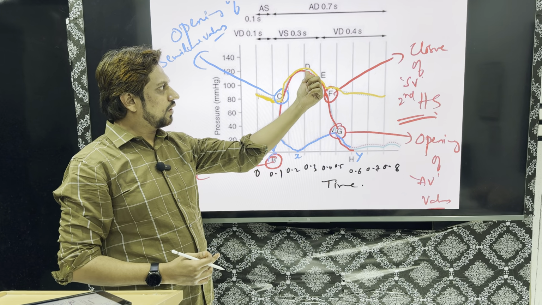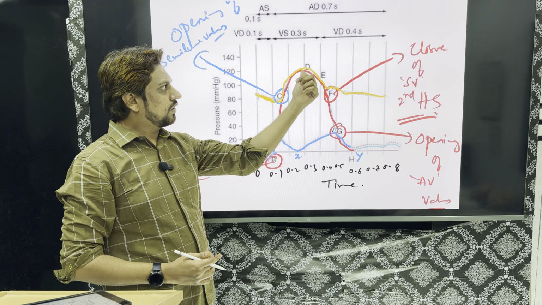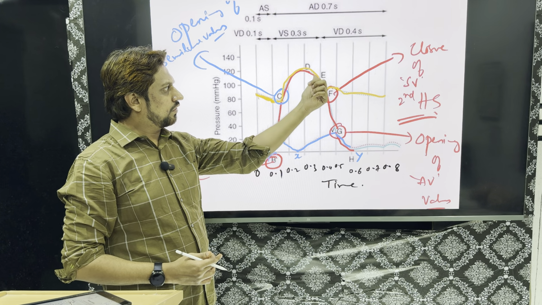Now from the slow ejection period, the pressure gradually decreases. So in ventricular systole, the pressure increases from 7 to 8 up to 120, and again gradually comes down to nearly 80. In the ventricular diastole, when it starts, the pressure decreases because of the closure of the semilunar valves.